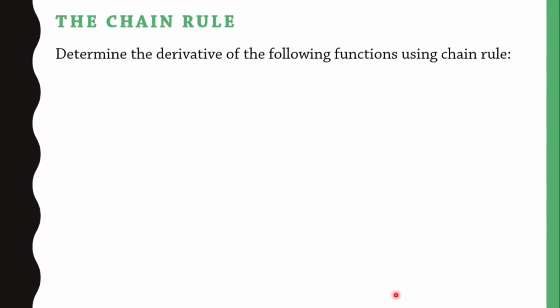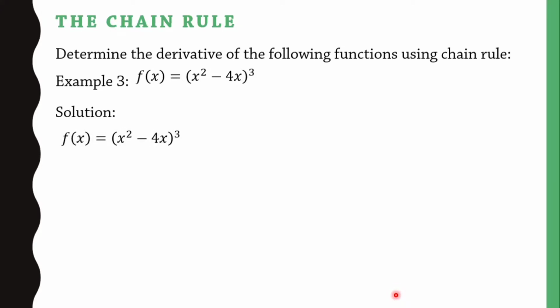Third, we have f of x equals the quantity x squared minus 4x raised to 3. To get the derivative of this function, again, we take 3 and make it our numerical coefficient, times x squared minus 4x raised to 3 minus 1.